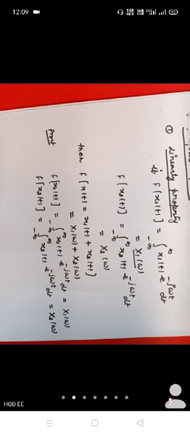But we have to find the Fourier transform of the composite signal, that is x1(t) plus or minus x2(t).